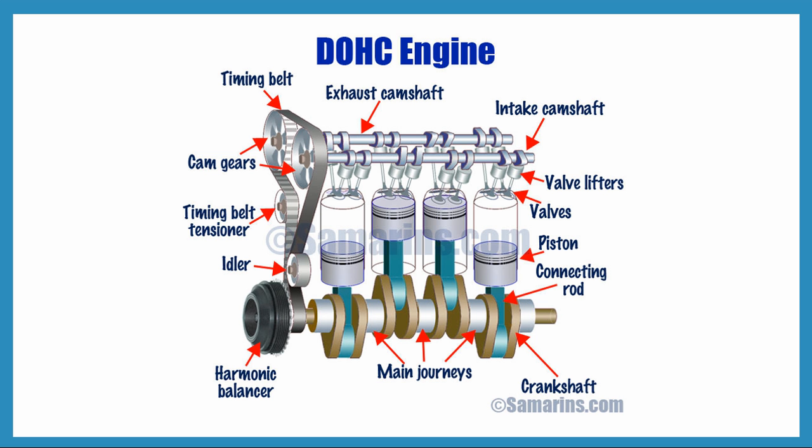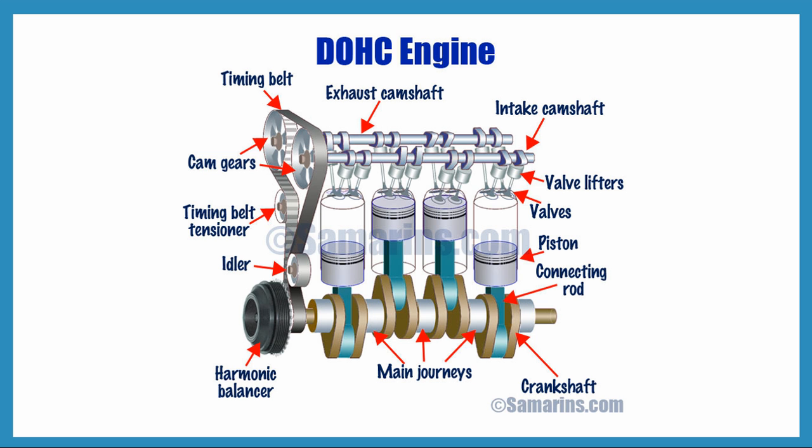So these are the basic types of engine classification on the basis of the position of the camshaft. When the camshaft is fitted inside the engine block, the engine is called the push rod engine.